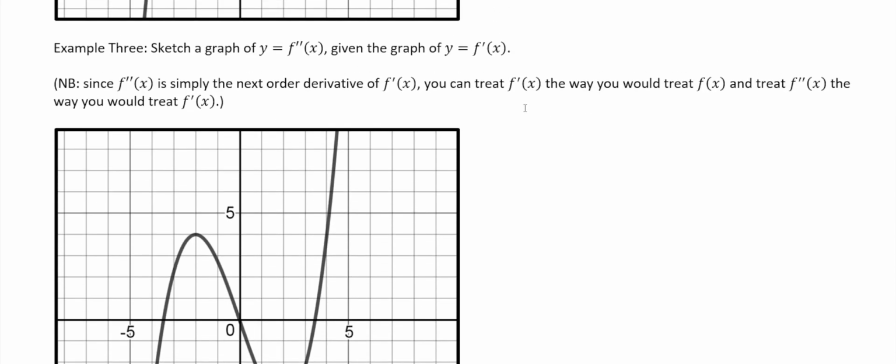So the treatment that you're going to give it is the same as you would treat going from the original function to the first derivative. Let's take a look. What I mean by that is f prime at x is a cubic, so that means that f double prime at x is going to be a quadratic.